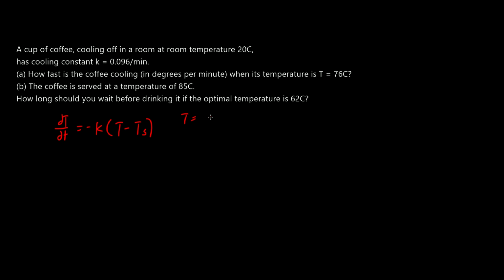T is going to be the temperature of an object at time t. And then T sub s is going to be the temperature of the surroundings. And then finally k is going to be our cooling constant.